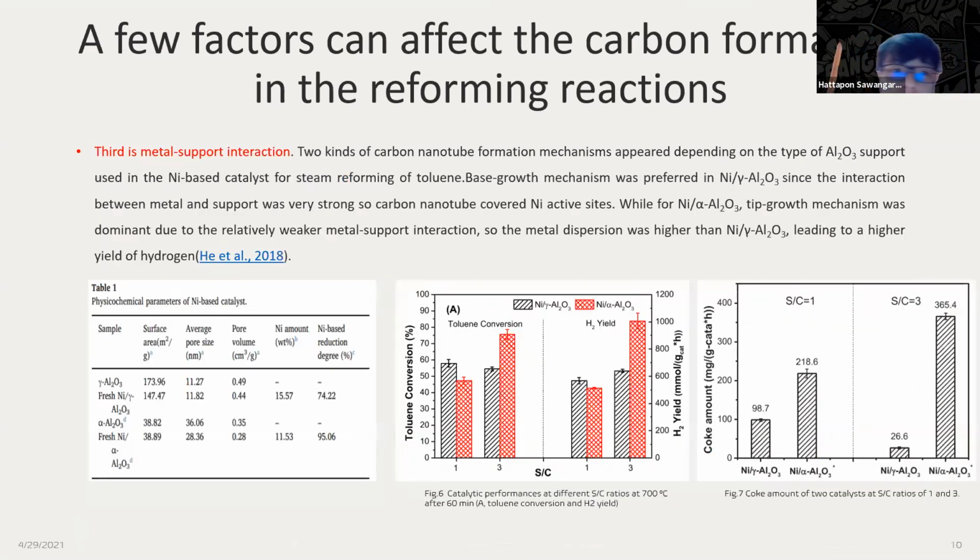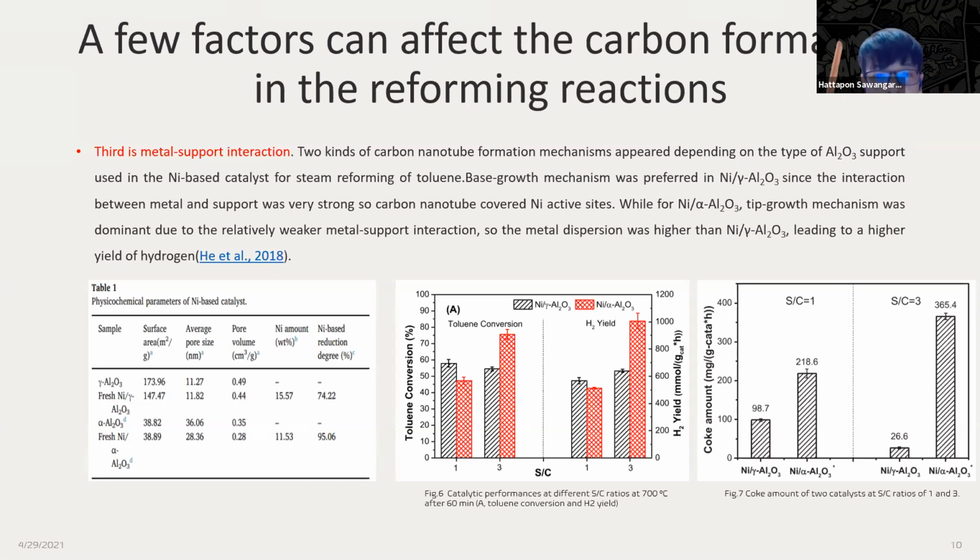Third is type of metal support interaction. The kind of carbon nanotube formation mechanism applied depends on the type of aluminum oxide support. Using nickel catalyst beds for steam reforming of sodium-based tar, the mechanism was preferred on nickel gamma aluminum oxide, where the interaction between metal and support is very strong.